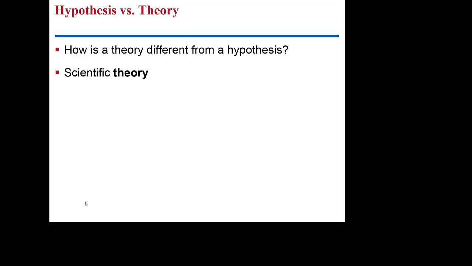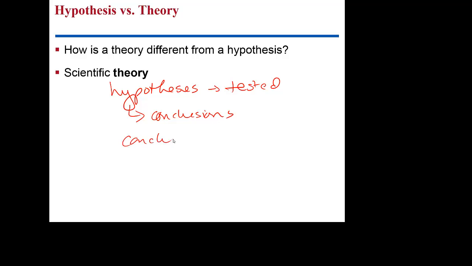So a scientific theory is simply looking and taking a whole bunch of hypotheses that have been tested. We look at the conclusions from those hypotheses. We put those conclusions together with other conclusions, and perhaps many, many conclusions.